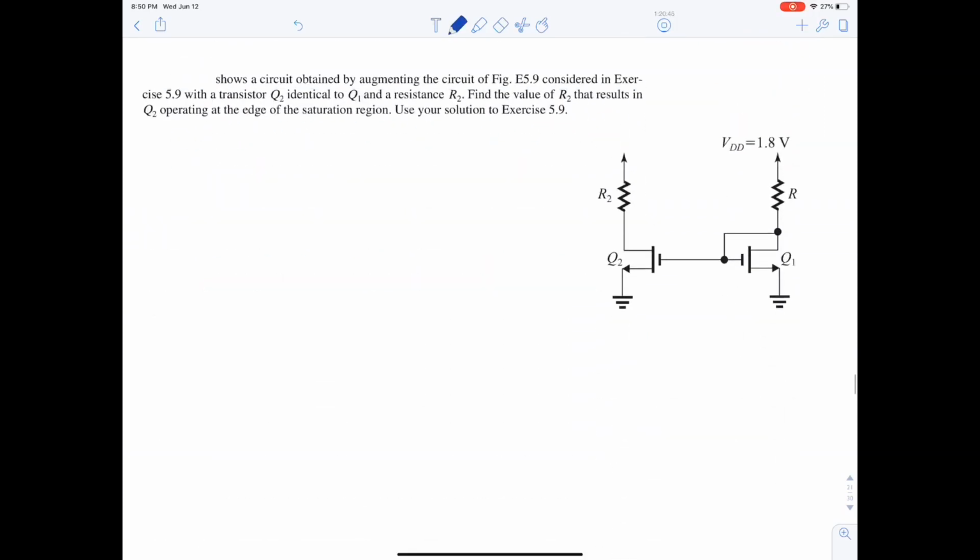Next, the figure shows the circuit obtained by augmenting the circuit of figure 5.9 considered in an exercise with a transistor Q2 identical to Q1. So Q2 is identical to Q1. What does this mean?